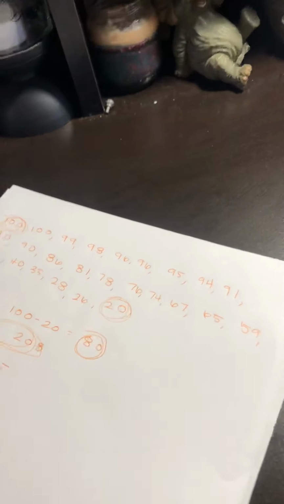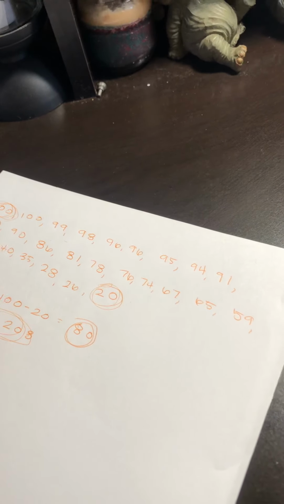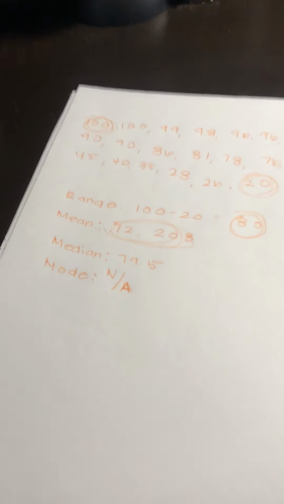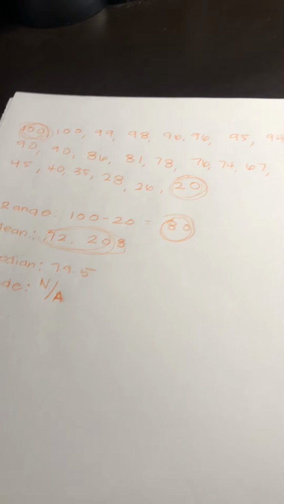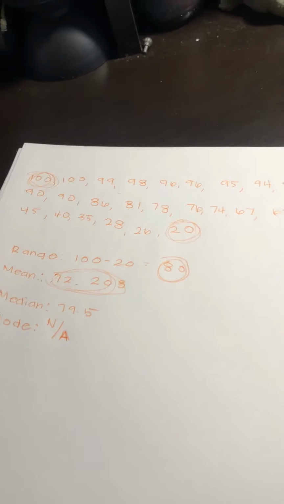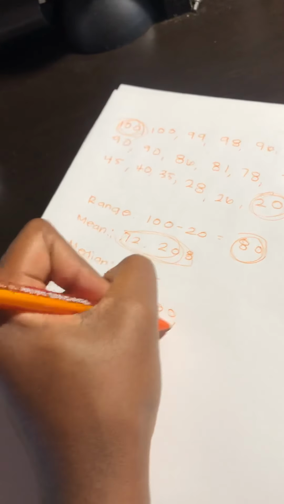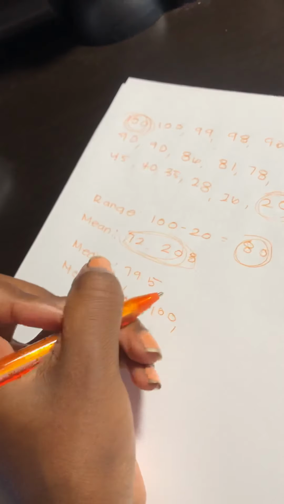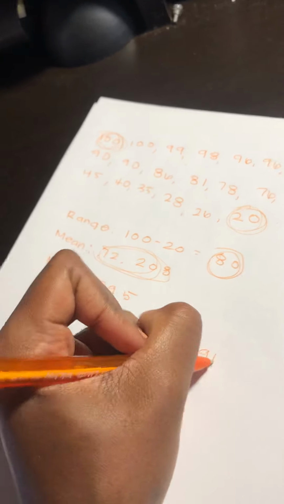So in that instance, I was taught to put in A, because there isn't any one singular number that is just on there twice. Because you have 100 on there twice, 90 on there twice, and 96.